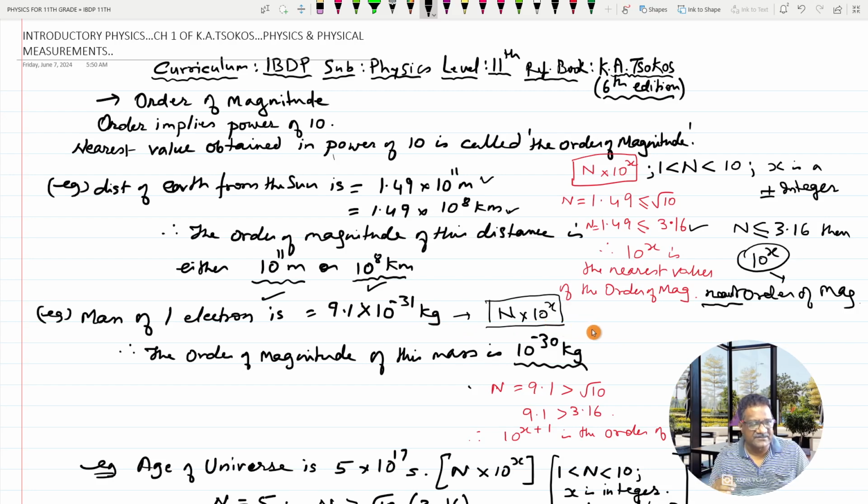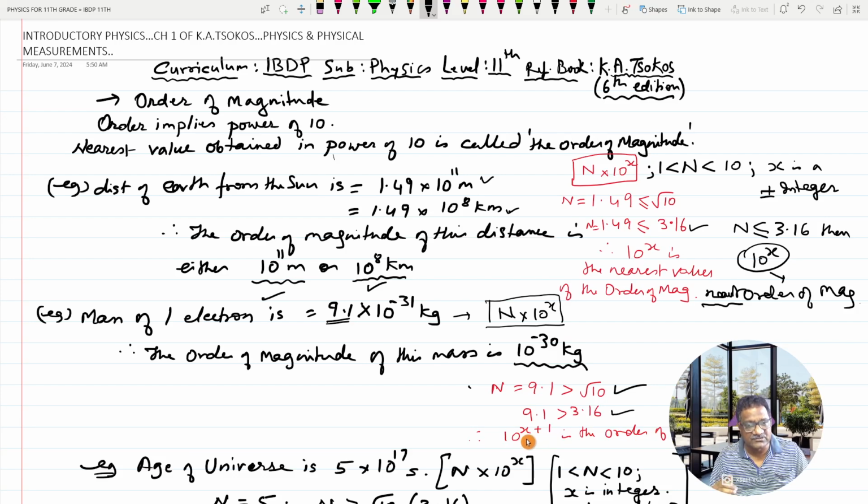Now the next step is to check whether your n is greater than, less than or equal to 3.16. Here you can see that your n, that is 9.1, is greater than root 10, or 9.1 is greater than 3.16, right? And if your n is greater than 3.16, then the nearest order of magnitude will be 10 raised to x plus 1, not 10 raised to x.